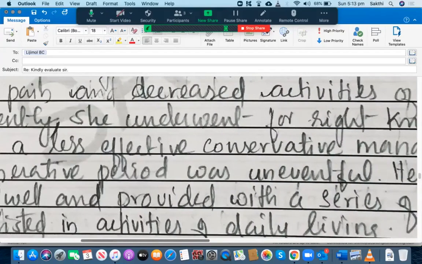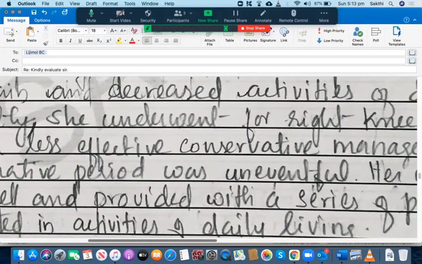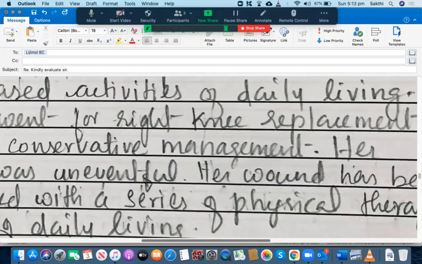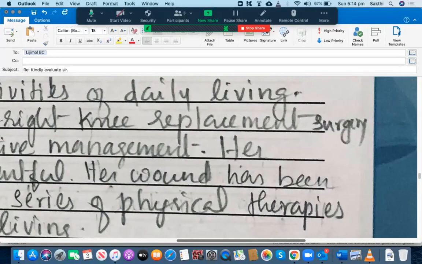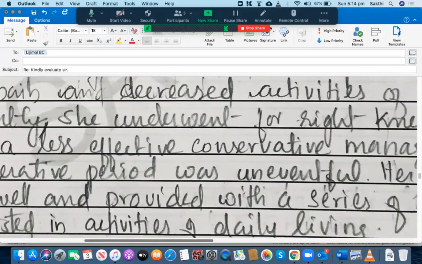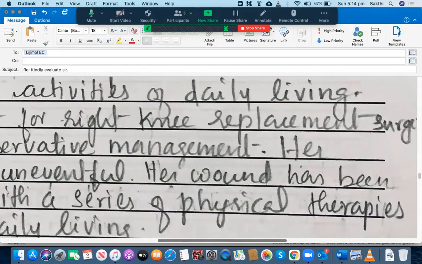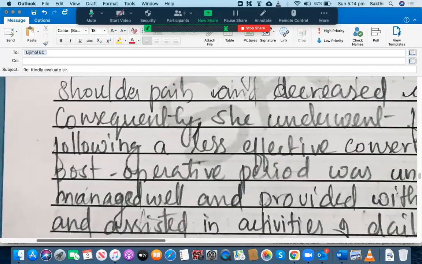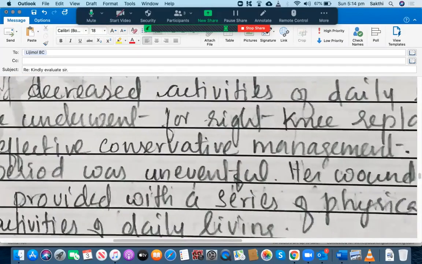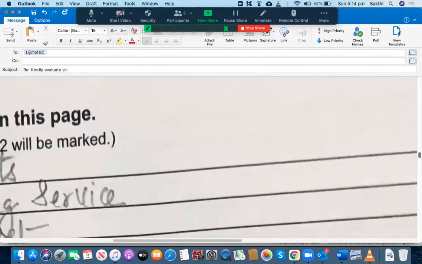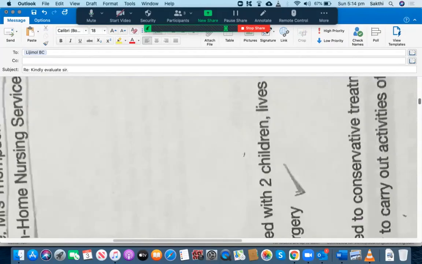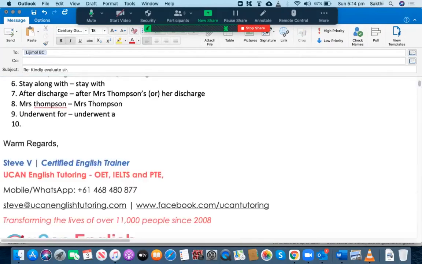Let's say her post-operative period was uneventful and her wound has been managed very well. You could have added this one, her wound has been managed well, to the previous sentence itself.